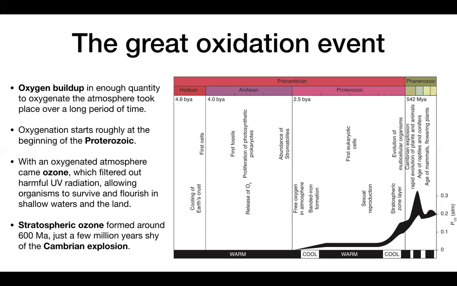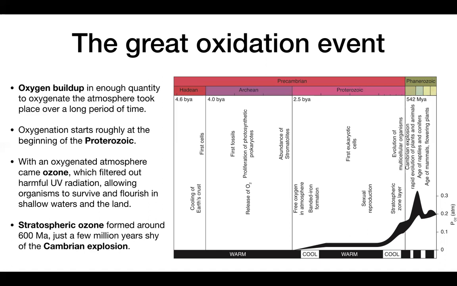This drastic environmental change decimated the anaerobic bacteria, which could not survive in the presence of free oxygen. With an oxygen-rich atmosphere also came the ozone layer, which filters out harmful ultraviolet radiation, eventually allowing organisms to survive and flourish in shallow waters and on the land.